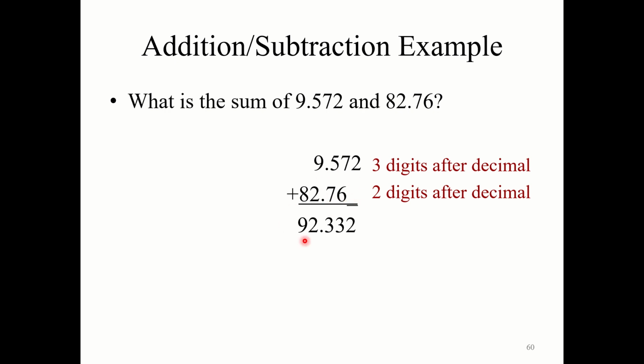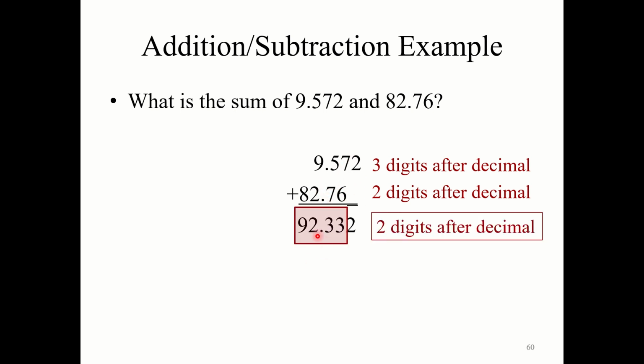So my answer needs to have the same number of decimal places as that component number that had the fewest number of decimal places. So essentially that means my answer should have 2 digits after the decimal. So I need to round here. So I'm going to keep the 92.33. Look to my next number. It's less than 5, so I round down, and my answer is 92.33.